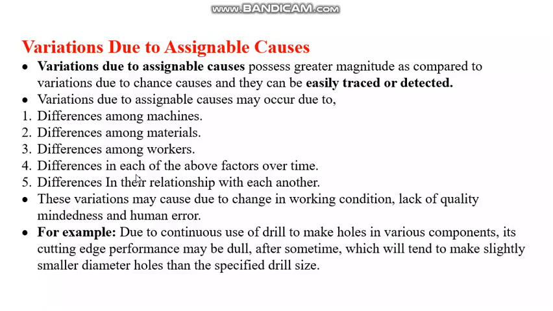Then differences in each of the above factors over time. Time also plays a role here, because over time these things also may bring variations. Then differences in their relationship with each other, because one worker working with one machine and some other worker working with some other machine or the same machine, their relationships also will bring variations.